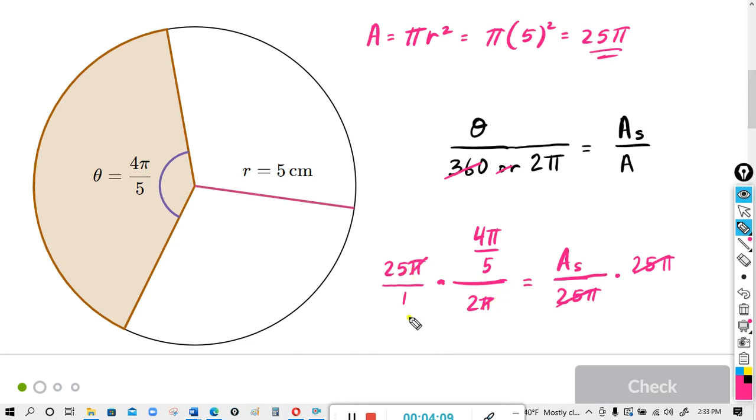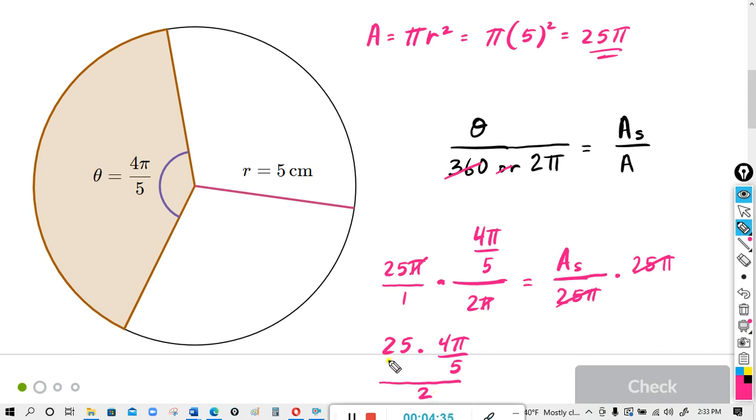okay? And let me see. I just want to clean this up for you. This is going to be 25 times 4 pi over 5. And that whole thing is divided by 2.